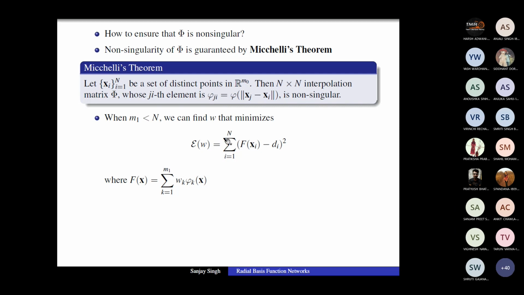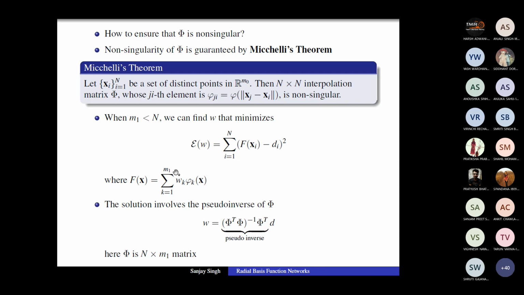So the error is the sum over n of f(xi), which we will be getting, minus di, because f(xi) exactly won't be there. So the actual value f(xi) minus di, some sort of error will be there. The square of this we have to minimize, and we know that f(xi) is the sum of wk phi k(xi), where k equal to 1 to m1.